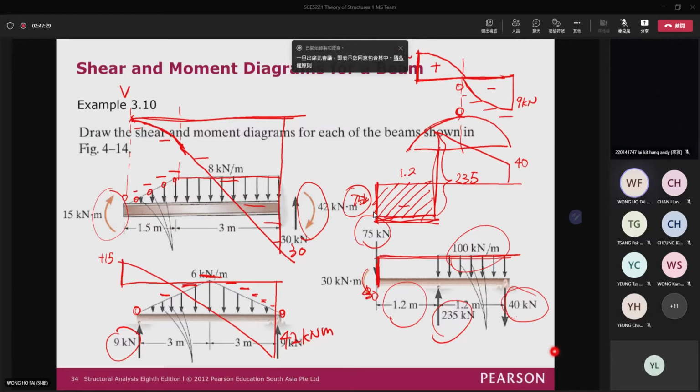If you use your calculator, 1.2 times 75 is equal to 90. So you will go down and then you will go in this way, because this one is a constant value. So the bending moment is constant here. The increment of this value is equal to 90, because this is 30. So right here, it is equal to 120, okay?